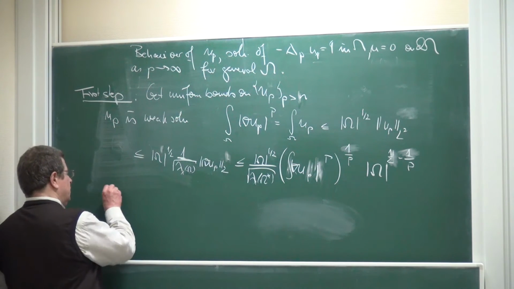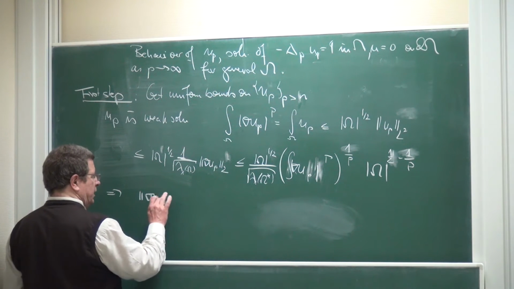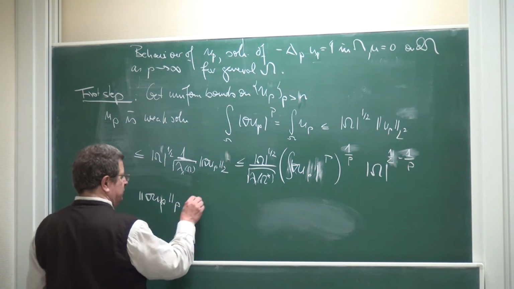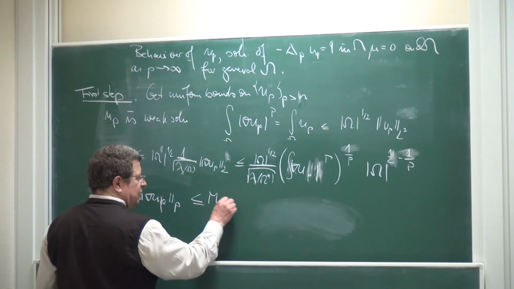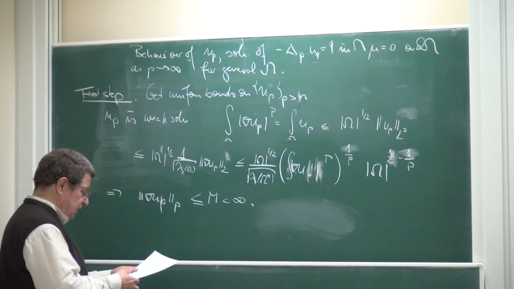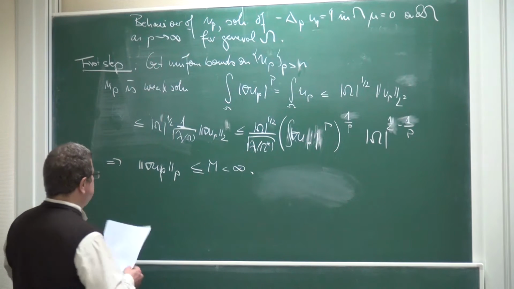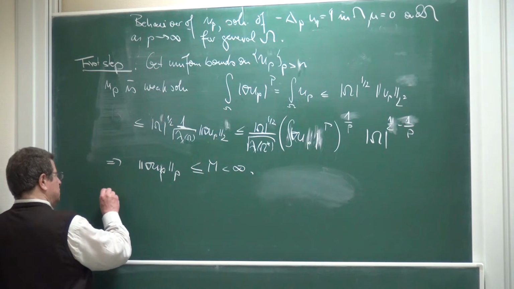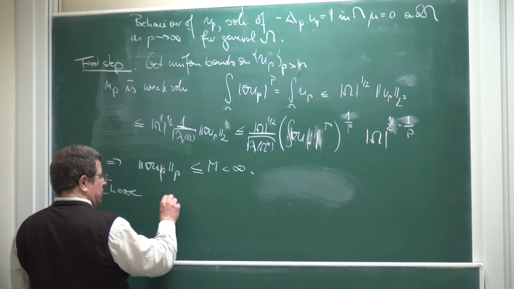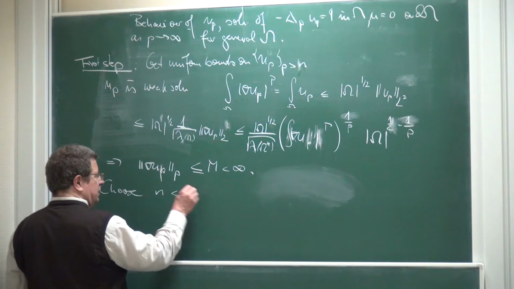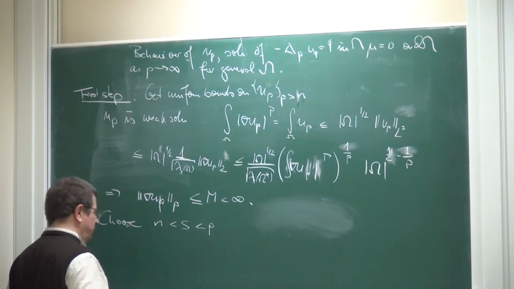So what we know is that the gradient of u_p in the L^p norm is bounded by some number M, which is less than infinity. And now we choose a number s bigger than n and less than p. We will send p to infinity and keep s fixed.